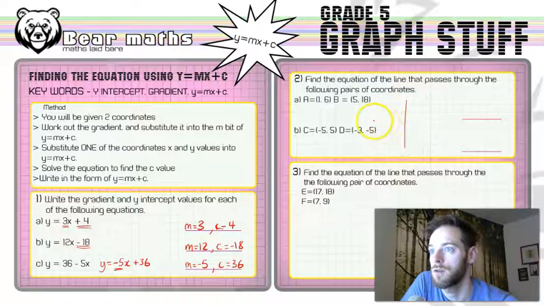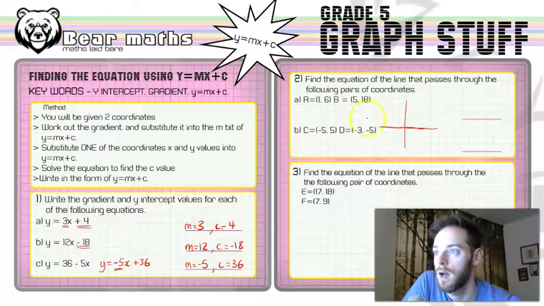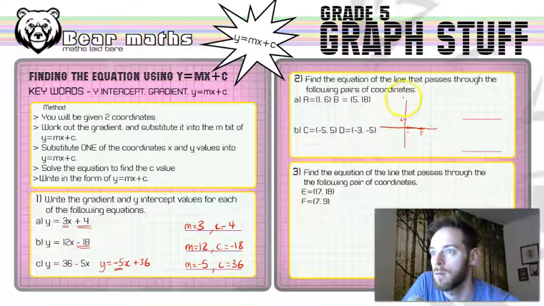Like I said, if you do this, please leave it there as your workings. So 1, 6, there's 1, there's 6. And then 5, 18, that's a little bit further along the x-axis at 5, and a little bit further up, 18. It's not to scale, but we've got an idea of the graph and whether the gradient is going to be positive or negative, joining those two points together.